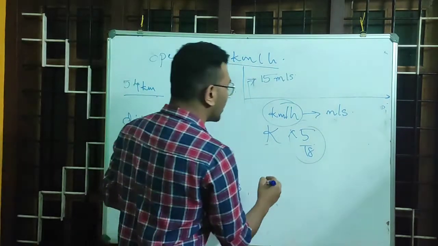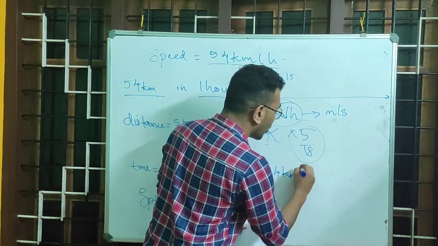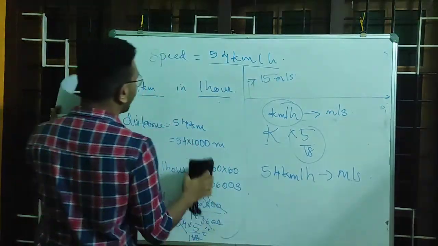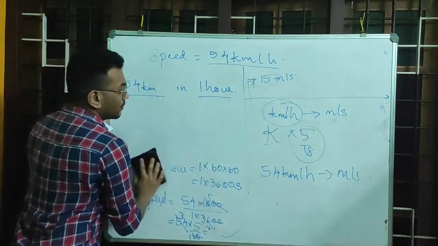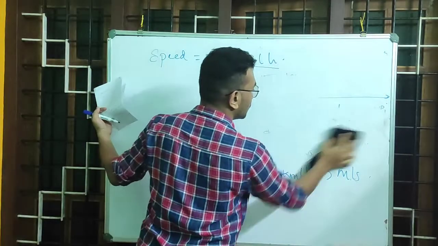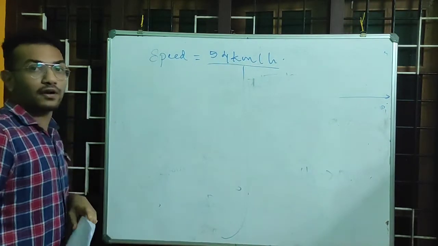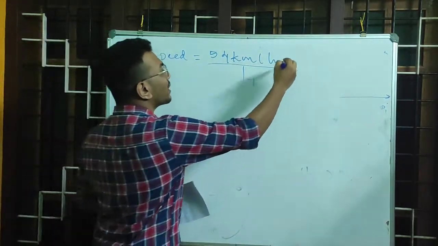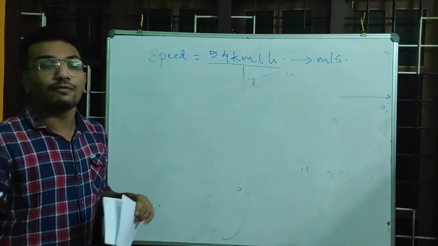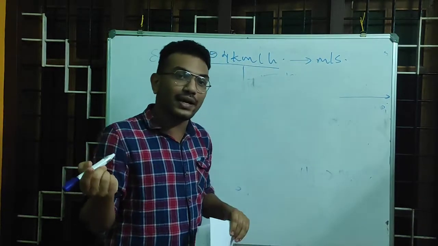So from now onwards, if you are given 54 kilometer per hour to convert to meter per second, okay, I'll rub it. So speed is 54 kilometer per hour. Convert 54 kilometer per hour to meter per second. What did I say? If you want to convert kilometer per hour to meter per second, multiply by 5 by 18.